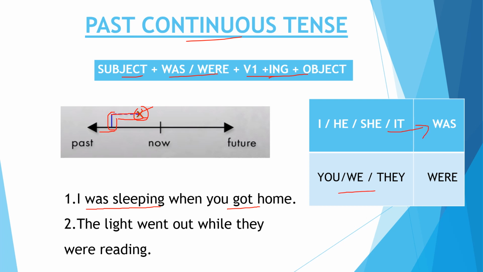With you, we, they we use were. I was sleeping. The light went out while they were reading. So the light went out, that action happened. Before that, what was happening? Simultaneously, the other action which happened for a longer duration: while they were reading. So we use past continuous for this.